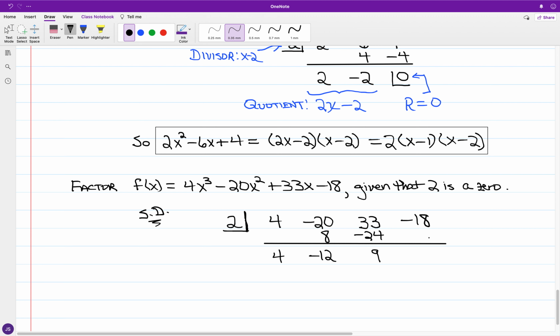Then 2 times 9 is 18. Negative 18 plus 18 is 0. If the assigned value is a 0, then the remainder should be 0, which it is.